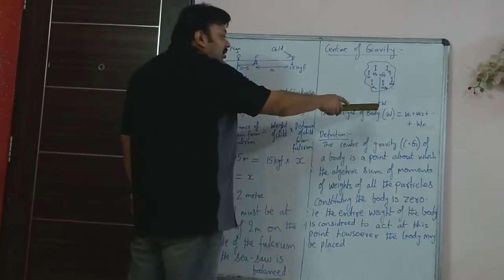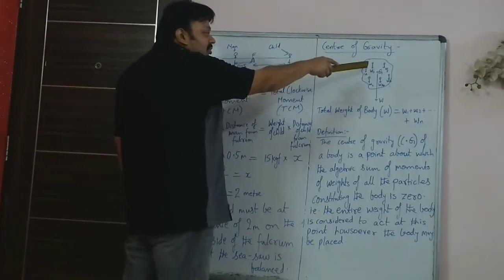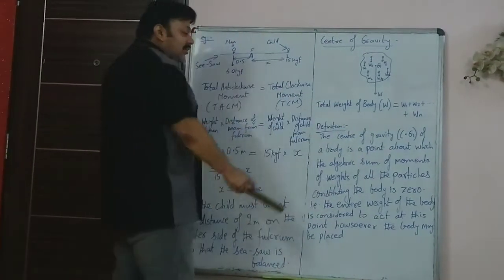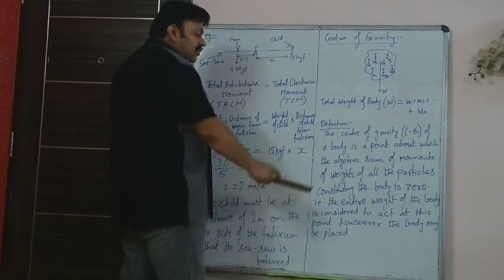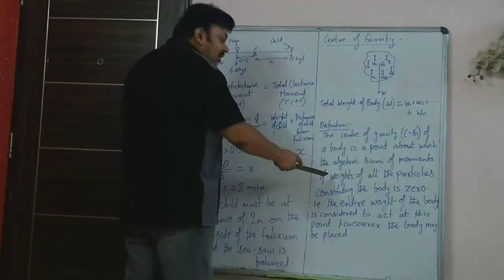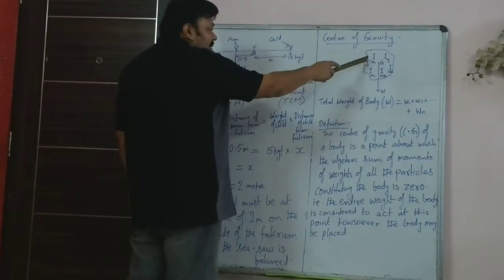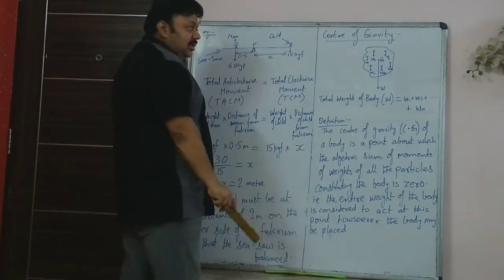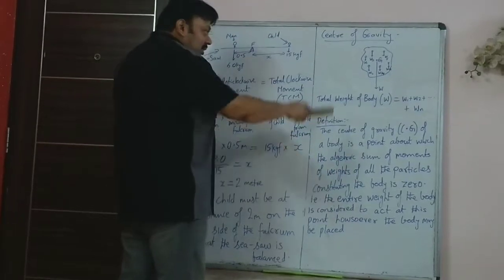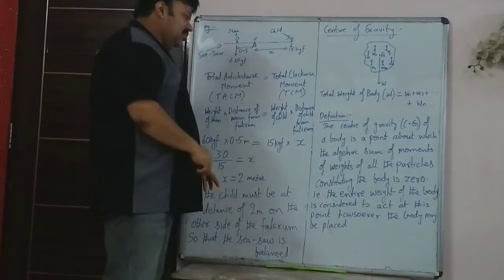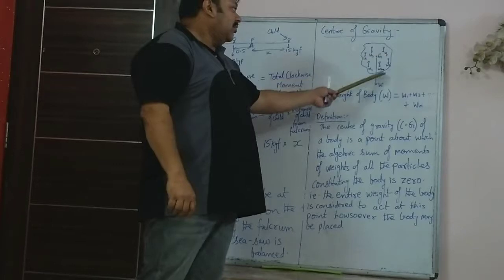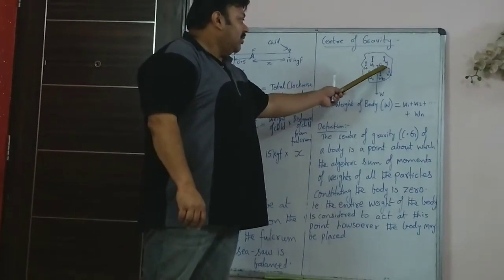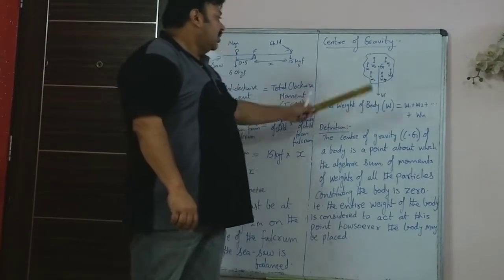And the entire weight of the object seems to act through that point G. So by definition, center of gravity of a body is the point about which the algebraic sum of all the moments, W1 into D1, W2 into D2, W3 into D3, that is the sum of all the anti-clockwise movements, is equal to the sum of all the clockwise movements, W4 into D4, W5 into D5, W6 into D6.